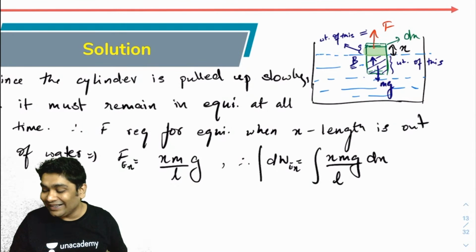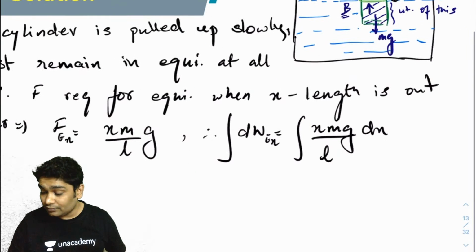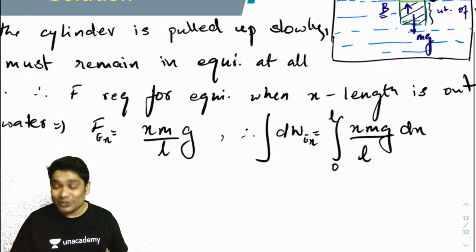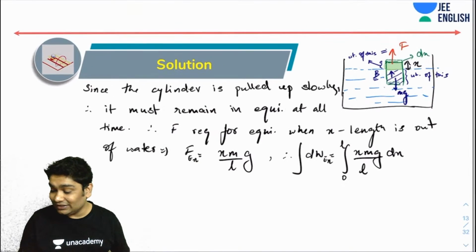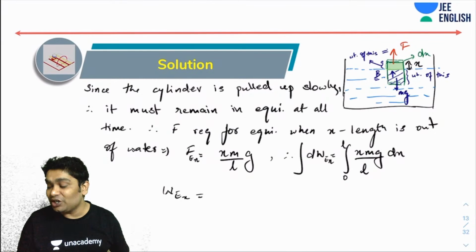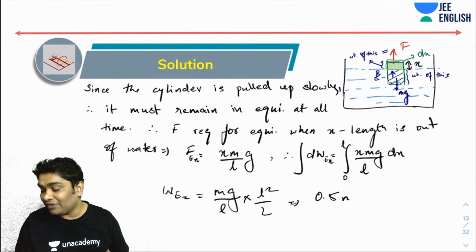All you need to do is integrate this, and x will vary from 0 to L. So the work done by the external agent would be equal to mg over L into L square over 2, which is 0.5 mgL.